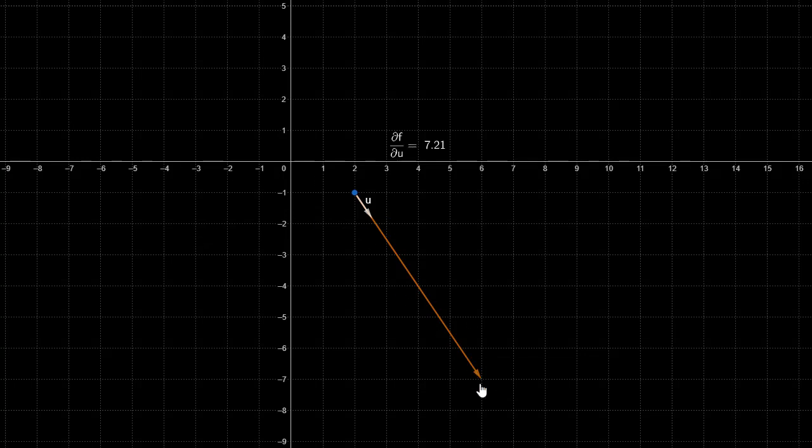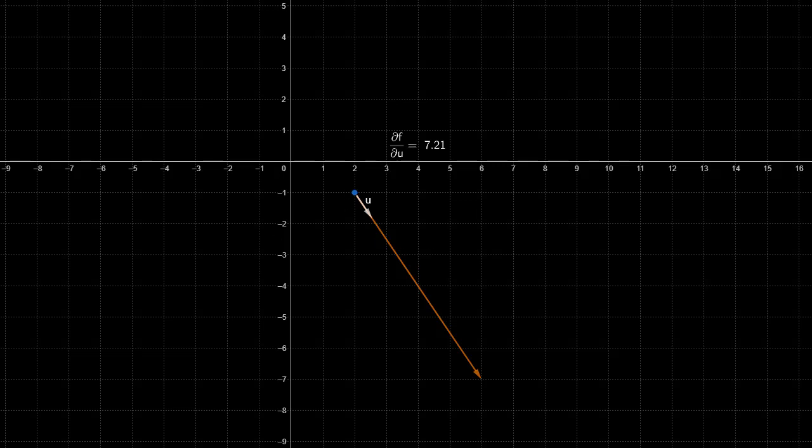Okay, so here I have graphed in orange the gradient. This is the full gradient. And here I have a unit vector, and for each unit vector that I'm going to sweep around, I'm going to show the directional derivative in the direction of that.